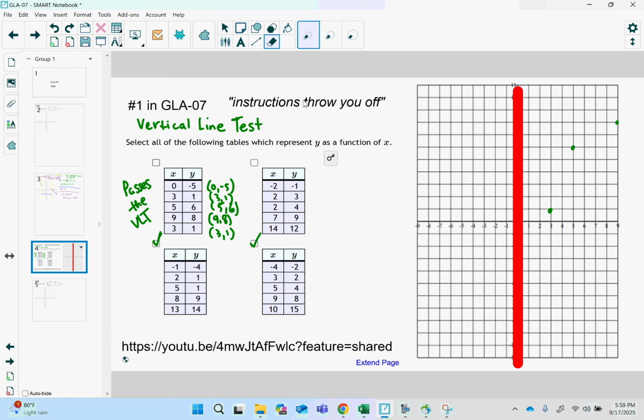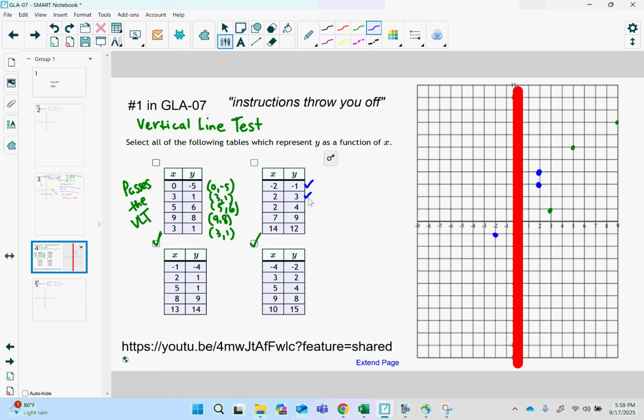And let's try it again with this table here. Let's see, we'll do it in blue. I won't write all the ordered pairs this time. So -2, -1, then 2, 3, then 2, 4, and right there you can see these 2 points are going to cause, I don't even really need to go any further.